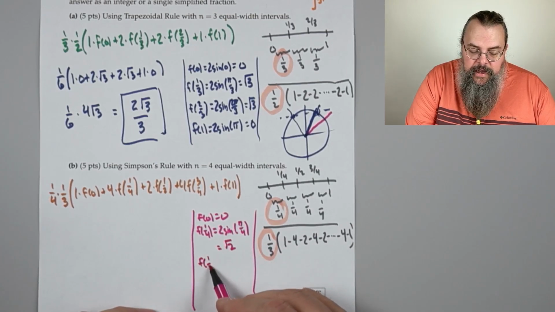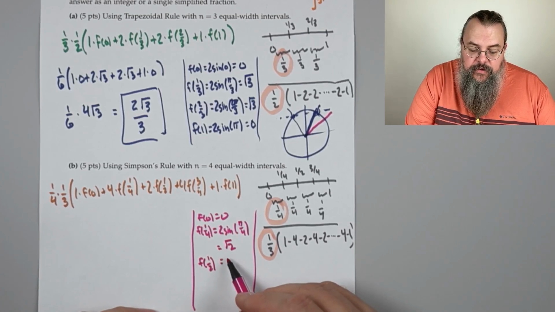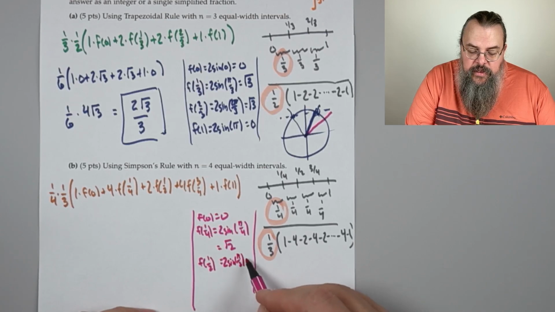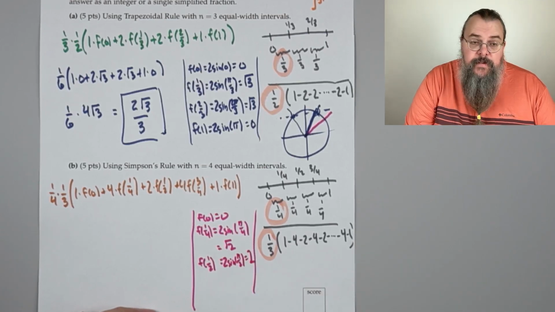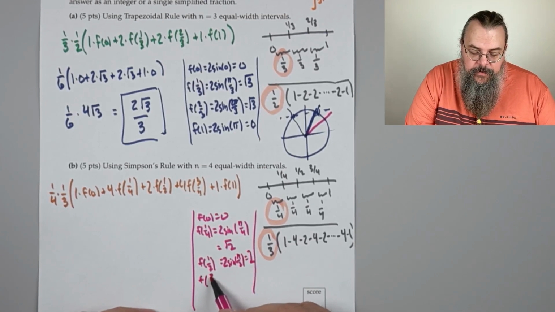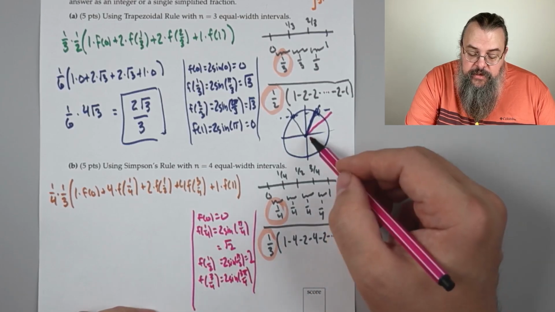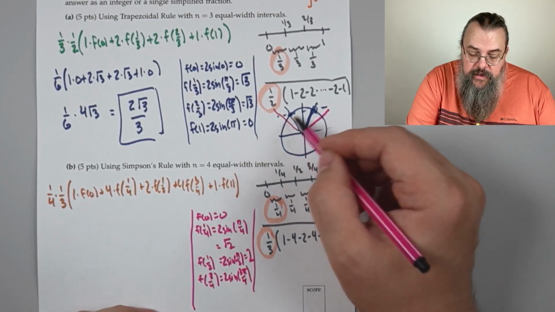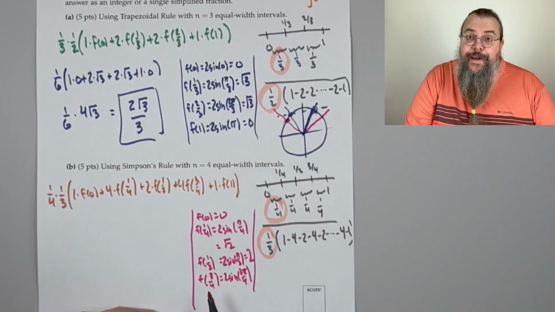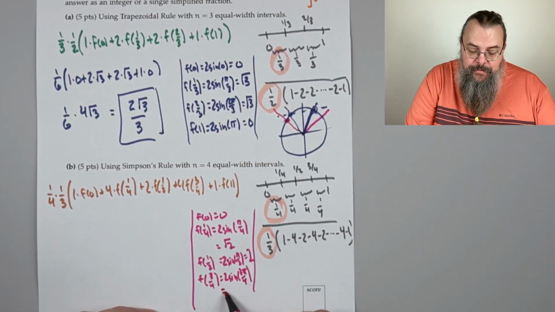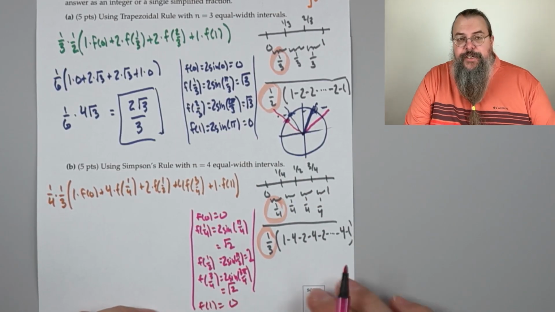F of 1/2 is 2 sine of pi halves, and sine of pi halves is 1, so we get 2. F of 3/4 is 2 sine of 3 pi fourths. That's the 45 degree on this side. Again, the height is root 2 over 2, so we end up with root 2. And f of 1 is still 0, hasn't changed.